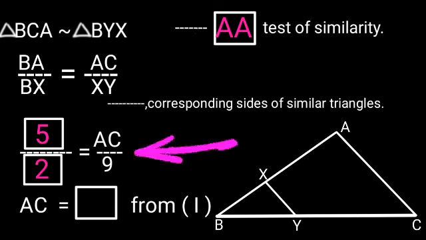The value of XY is given 9. Hence, cross multiplication, 5 into 9 upon 2, that is 45 upon 2, that is 22.5. Hence, in this last box, the value is 22.5.